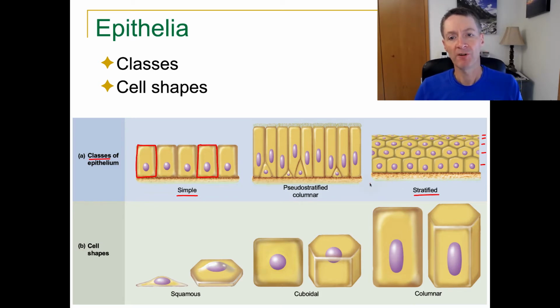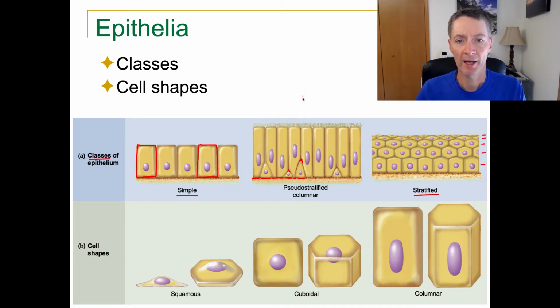Occasionally, you will find that body surfaces will have a row of cells, like we see here. One, two. Now this is technically just one row of cells. If you look at the fact that they're attached here at the bottom, another one attached at the bottom, another one attached, they all have an attachment to something underneath, right? But this one right here doesn't reach the top.